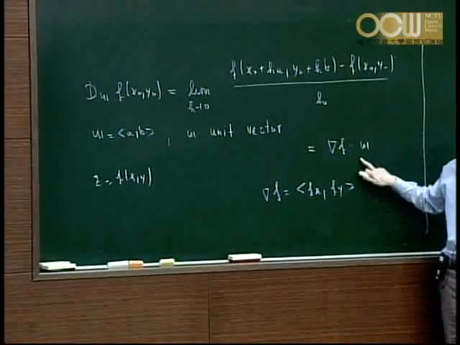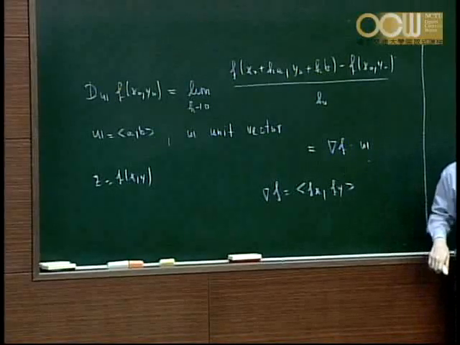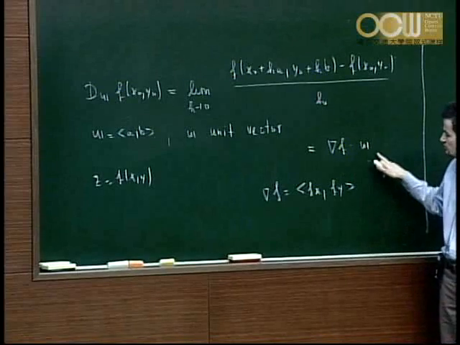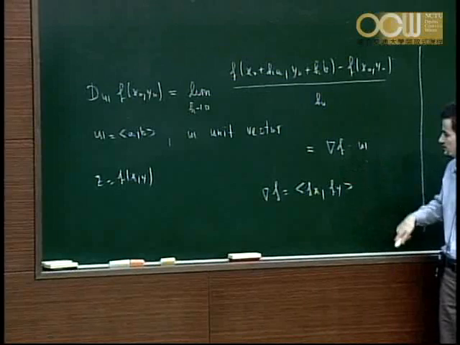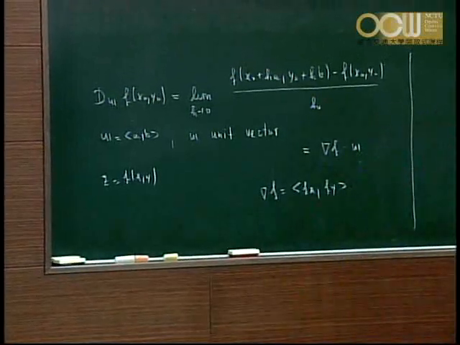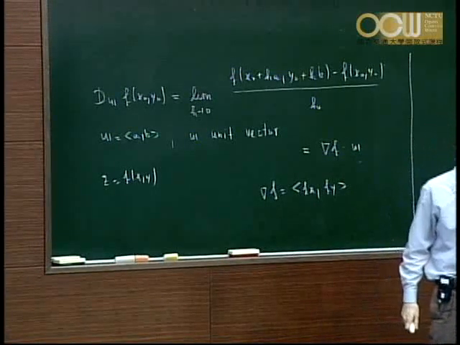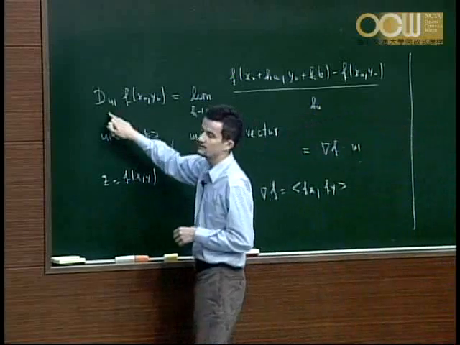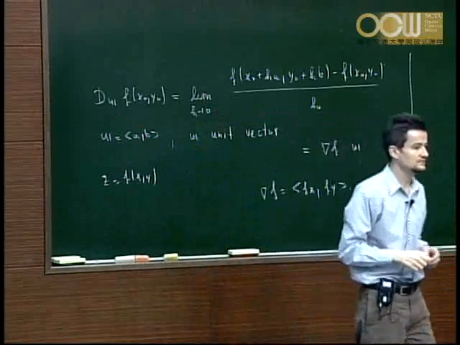So it's the inner product of the gradient with the vector u, the direction you consider, where the gradient is defined as the vector which has as its components the partial derivatives. Now, at the end of the last lecture I already told you that an interesting, natural question is whether the existence of the directional derivative in any direction implies that the function is differentiable.